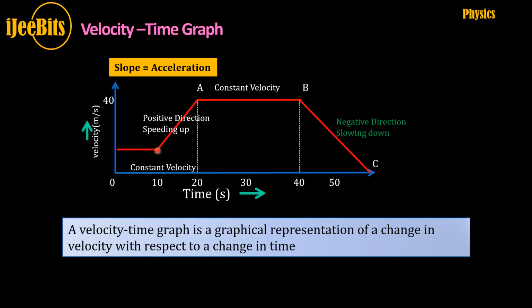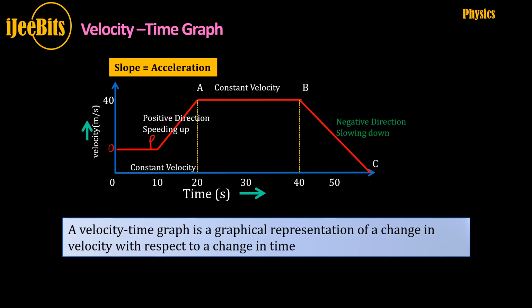From this point to A, we can note some point here. Let's say P. From P to A, I have seen a positive increment and the direction is upwards. This is a positive direction, and you can also say it is speeding up.